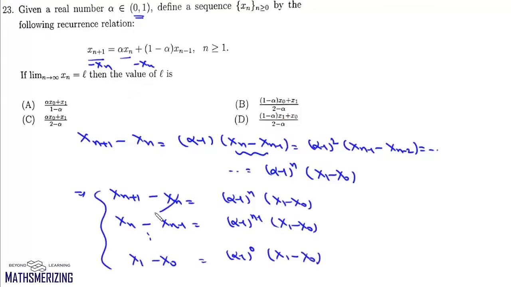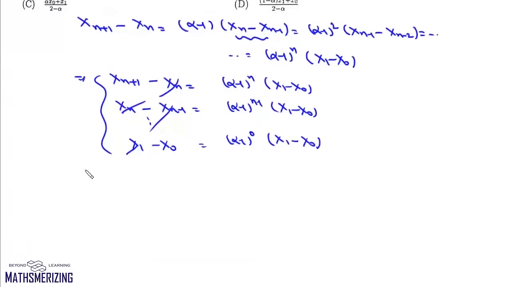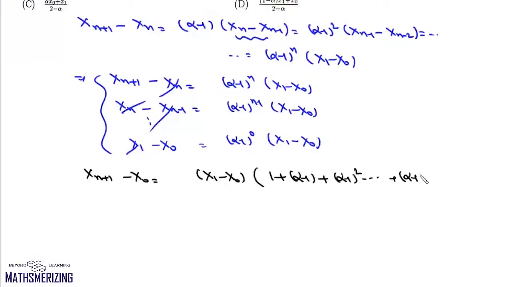Now if we add them all up, on the left hand side we get x(n+1) minus x0, and on the right it will be (x1 minus x0) into [1 plus (alpha minus 1) plus (alpha minus 1) square up to (alpha minus 1) to the power n].